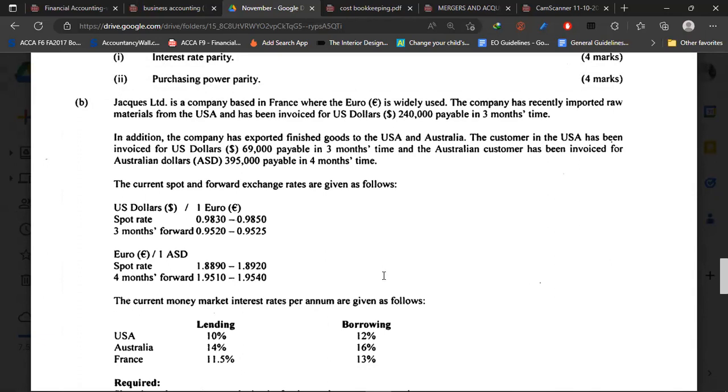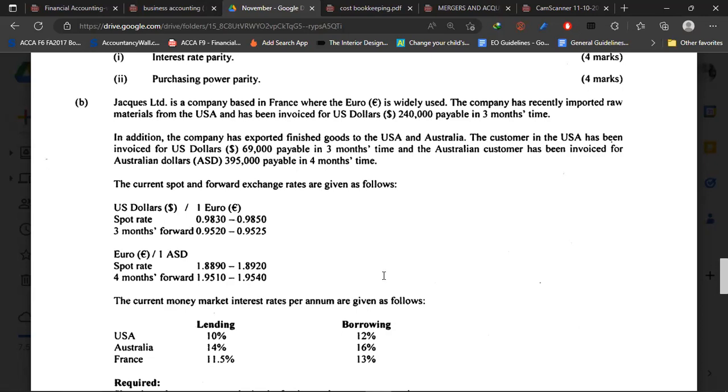Jefferies Limited is a company based in France where the euro is widely used. The company has recently imported raw materials from the USA and has been invoiced for US dollars $240,000 payable in 3 months' time. In addition, the company has exported finished goods to the US and Australia.